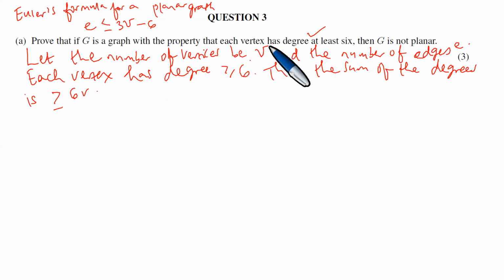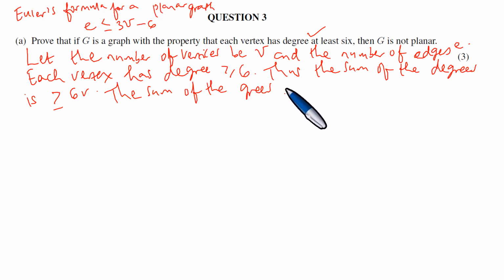V is the number of vertices. Obviously we're not told how many vertices the graph has, but we're just saying V is the number of vertices, in view of Euler's formula for planar graphs. But we note that the sum of the degrees equals twice the number of the edges.